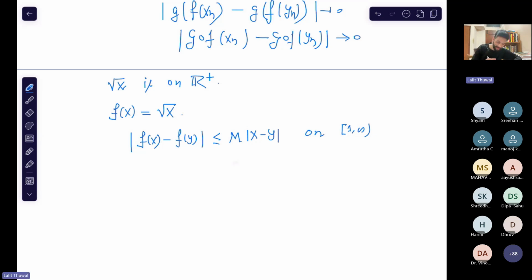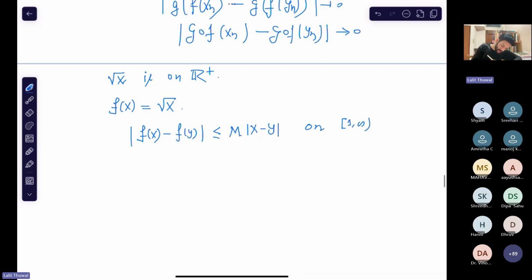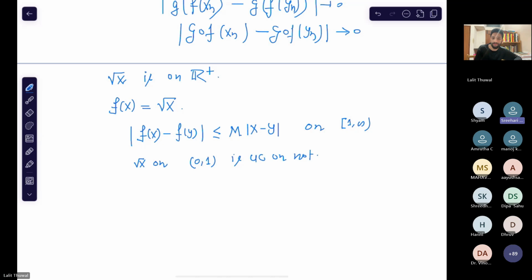Think about it. And root x on this interval is UC or not? From the previous discussion, can you tell that this is UC on this interval? Yes, sir.